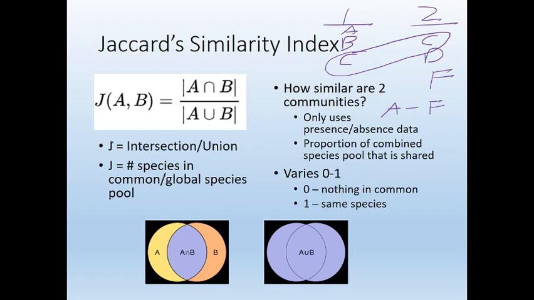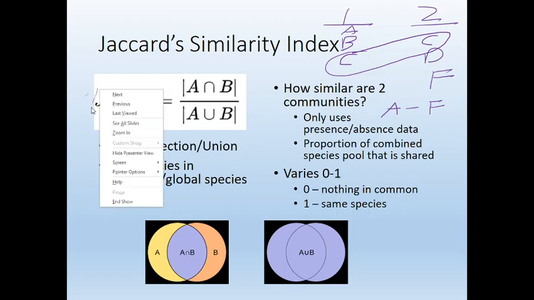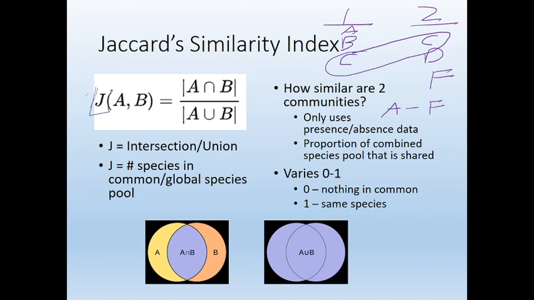The notation for Jaccard's is J, and then in the parentheses you have the two communities you're comparing. In this example, it's comparing community A to community B. This notation is looking at the intersection divided by the union.